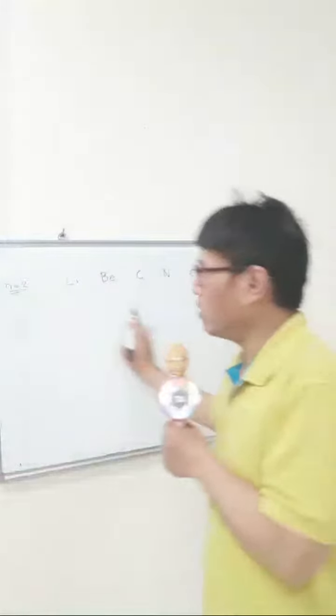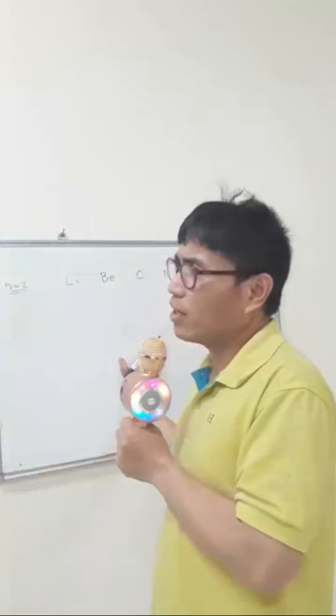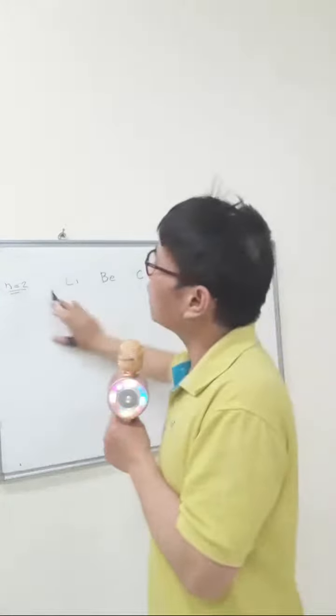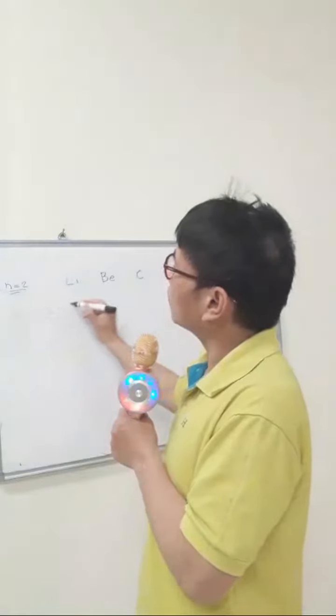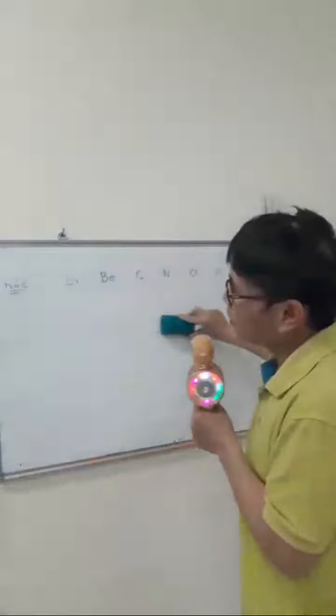The Aufbau principle states that the filling of the energy levels starts from the lowest energy to higher energy levels. So it will be starting from the lowest energy level to the highest.